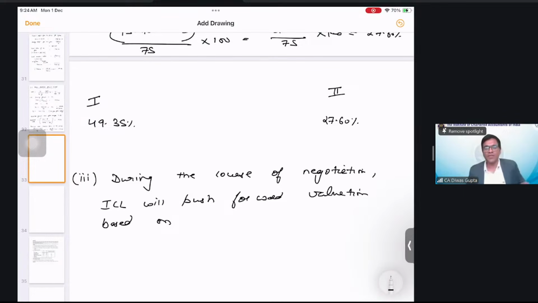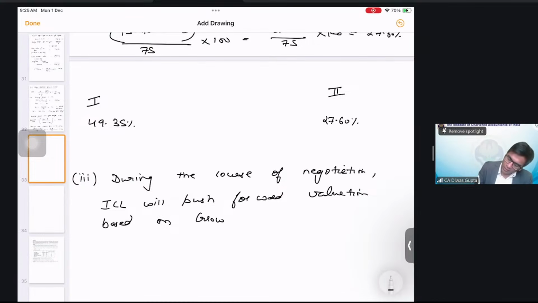Any idea, students, which valuation will be pushed forward? Any idea or any guess? Which valuation will be pushed forward, the lower one or the higher one from ICL side? Lower one. Yes, lower one. Because they will say that they will pay lower only, right?